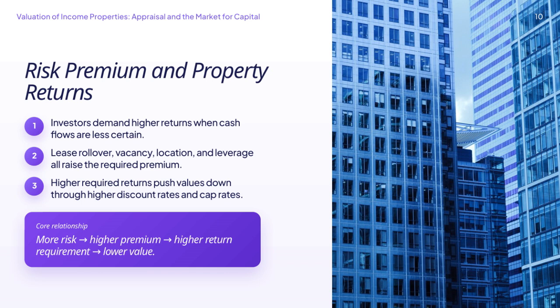This higher required return translates directly into lower property values, because increased risk leads to higher discount rates and cap rates used in valuation. In essence, the core relationship here is straightforward. As risk goes up, the risk premium rises, which pushes the required returns higher, ultimately reducing the property's market value. This dynamic plays a critical role in how income properties are appraised and how capital markets price those risks.